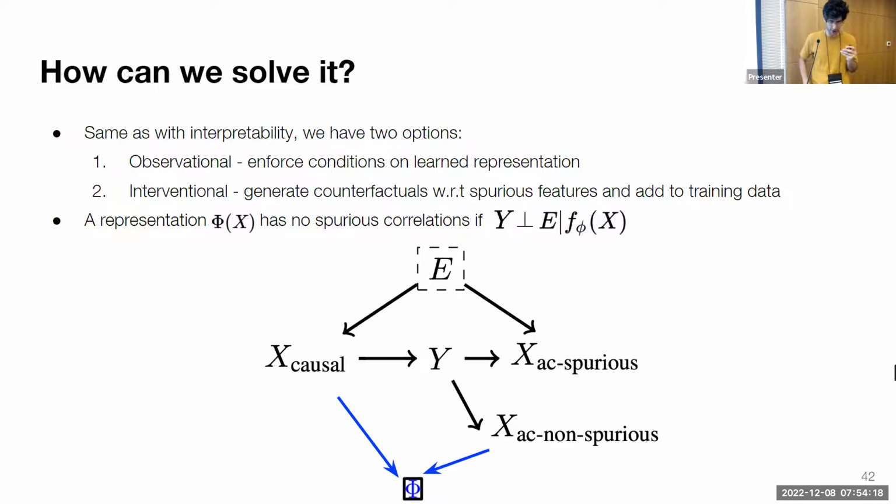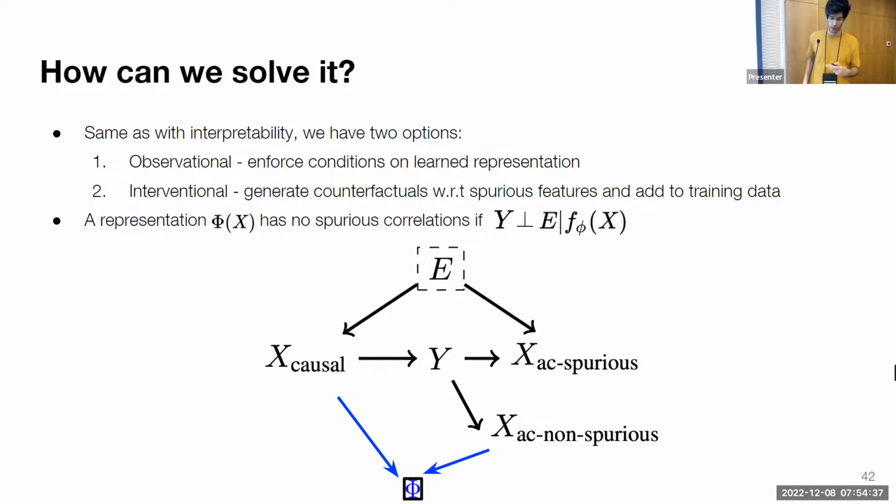So there are 2 things that we can do here. From an observational causal inference perspective, we can enforce conditions on the learned representation, right? We can derive some conditions from this causal graph and try to encode them in our learning objective.